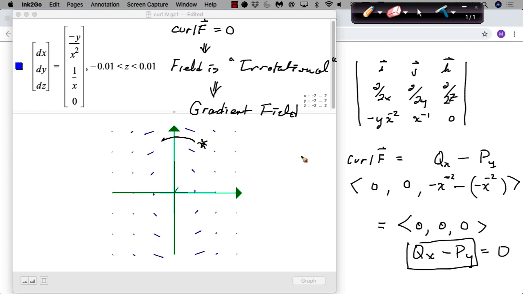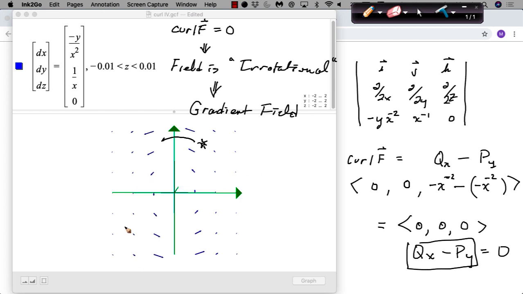Just because the whole thing has a macro or global rotation has nothing to do with the curl. A big whirlpool could have positive curl, negative curl, or 0 curl, or it could vary in the field. At different places the whole thing could be turning in one direction, and you could have negative curl in some places and positive curl and 0 curl in others.